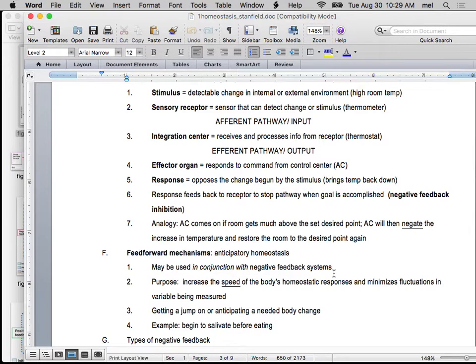So this is called a feed-forward mechanism. It's your body doing what we call anticipatory homeostasis. It says, I think I know what you're going to need. If it's right about 80% of the time, can you see that it's actually pretty cost-effective to do that, right?